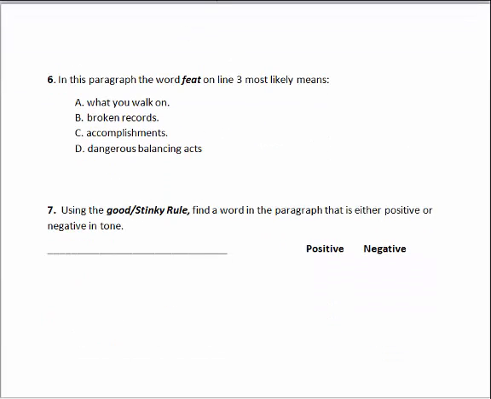Let's go ahead and take a look at the answer choices. Once again, kids, process of elimination tells us that we can cross out answer choices for sure that are wrong, and we put a dot by the ones that seem to work. We'll cross out a couple of them, and then we'll look at it a little closer after we go through here. Feat. What does feat mean? A says, what you walk on, your feet. No, that's a miss.